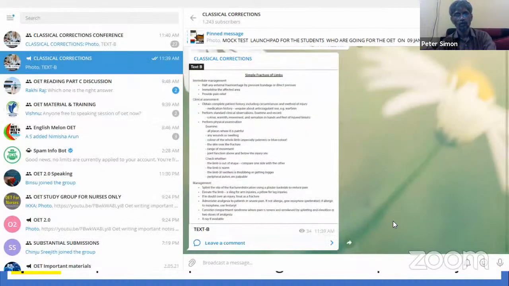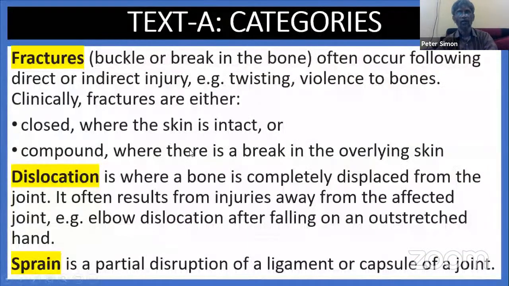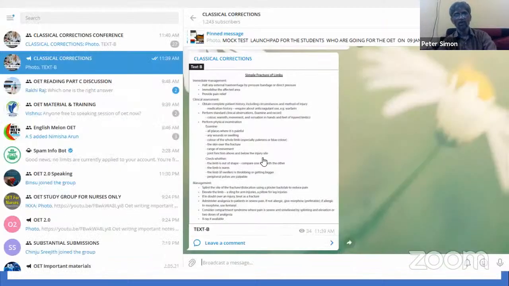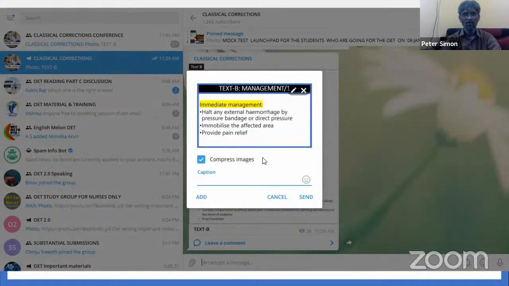Okay. Now then we have text B. Text B is here. Text B 1, slide number 1. So I can show you when the answers come, no? It will be easy for me. So that's why. Text B is related to, okay, text B. What we can call text B is management.